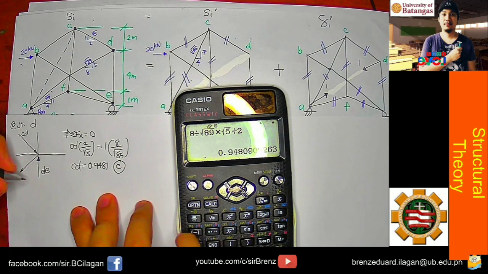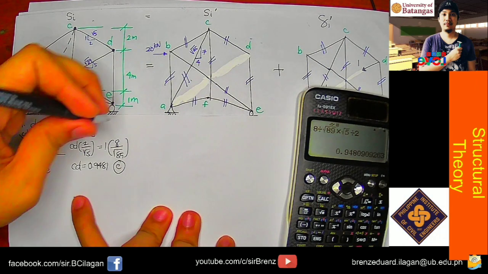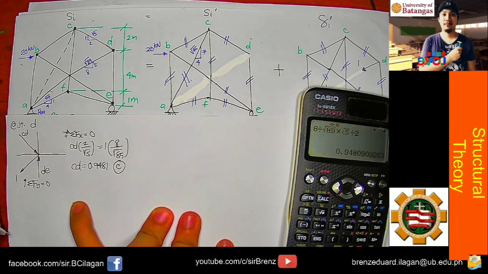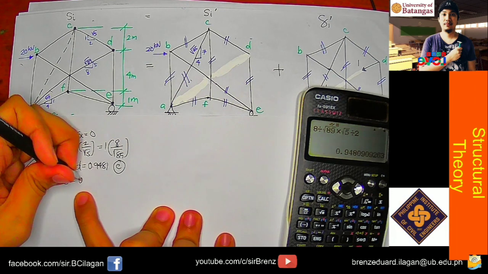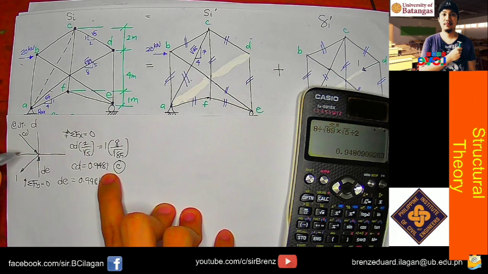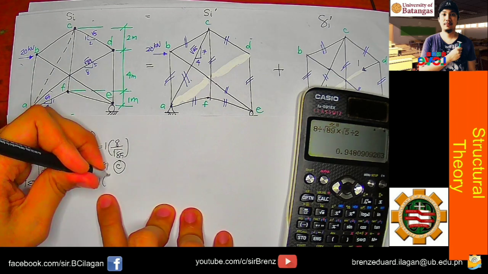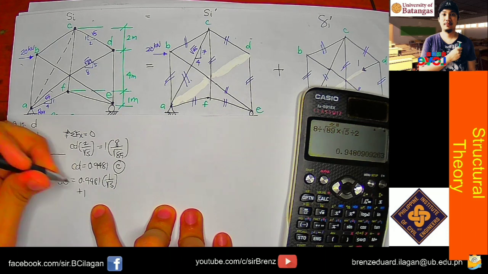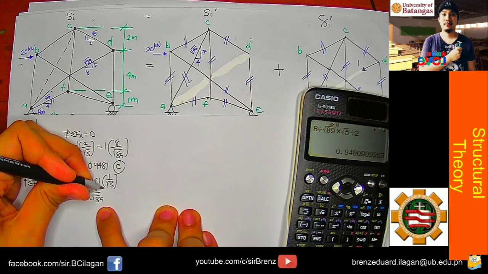Okay, next will be for the value of your DE. Mag-take ng summation of forces Y equals to 0, assuming upward direction as positive. So DE is just equals to the sum of CD na 0.9481. Kunin mo lang yung Y component niya, CD times 1 over square root ng 5, and then plus 1 times 5 over square root ng 89.